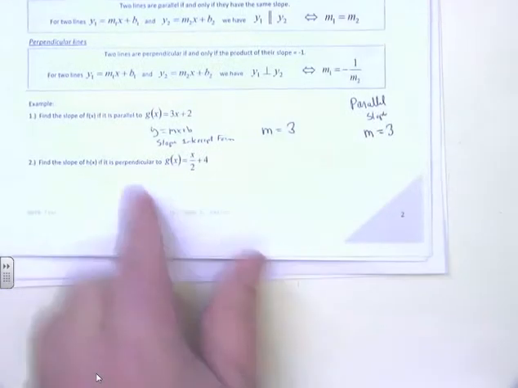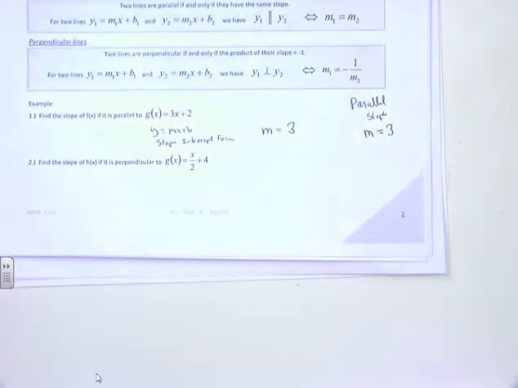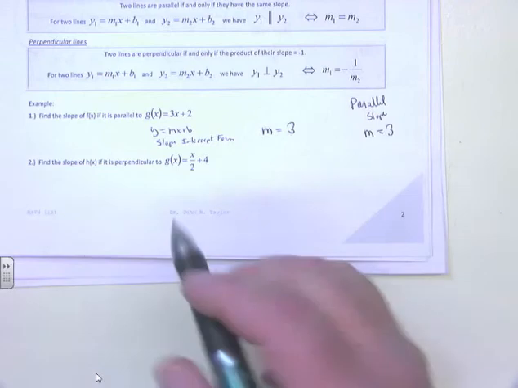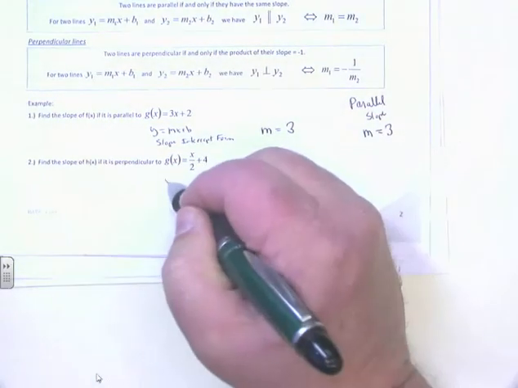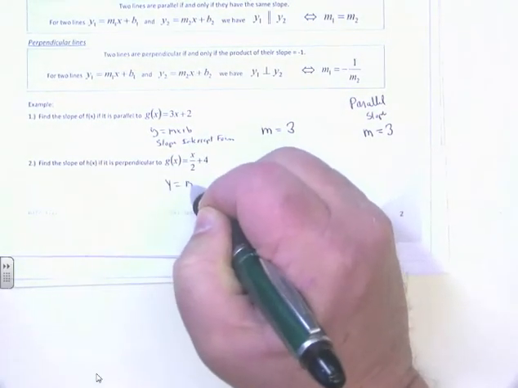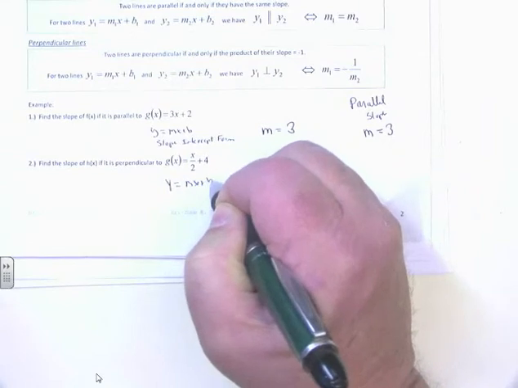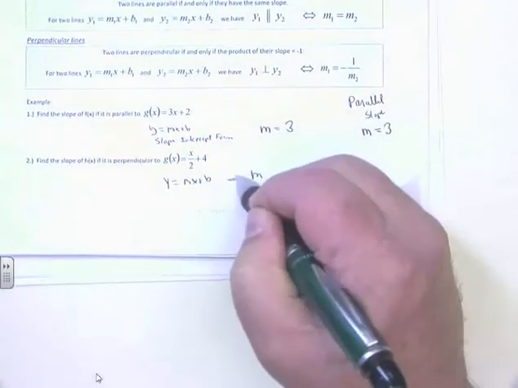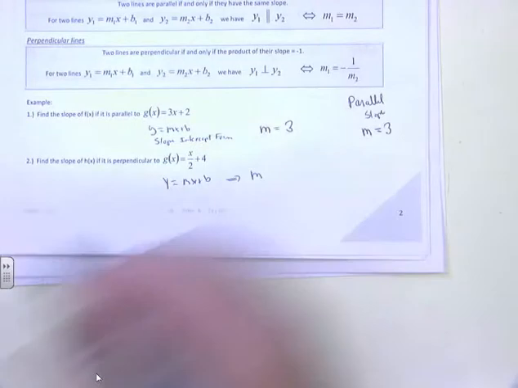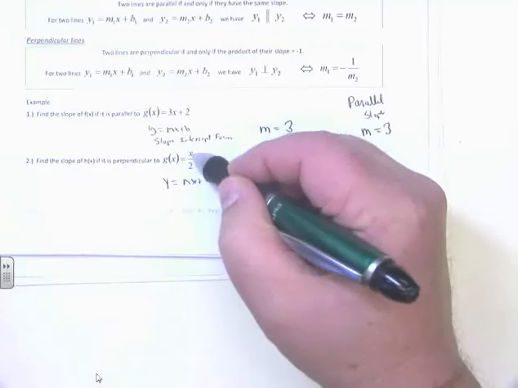Look at this one down here. Find the slope of h of x if it is perpendicular to g of x. Well, g of x is equal to x over 2 plus 4. This g of x is a line. It's clearly in the y equals mx plus b slope-intercept form. What is the slope of this particular line? 1/2 is the understood coefficient in front of the x.